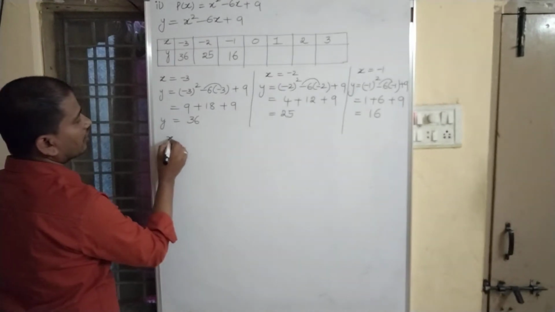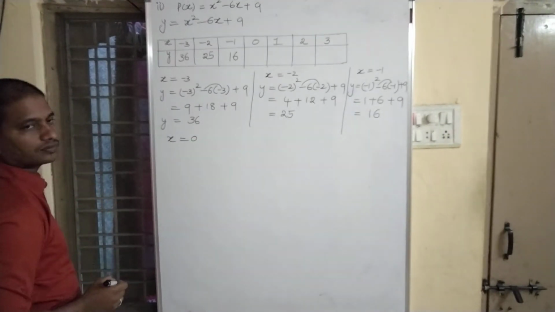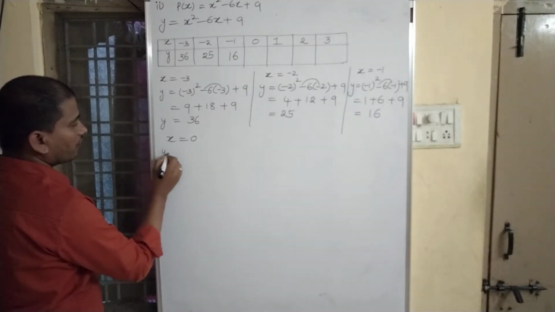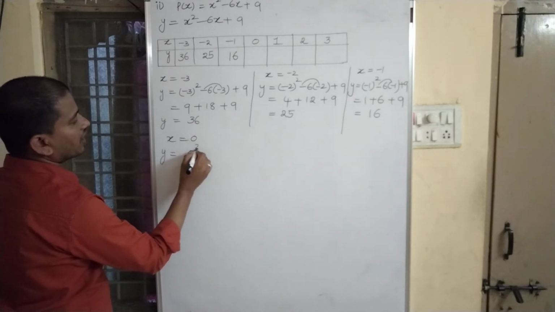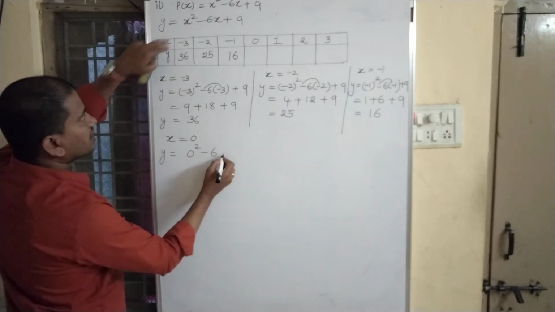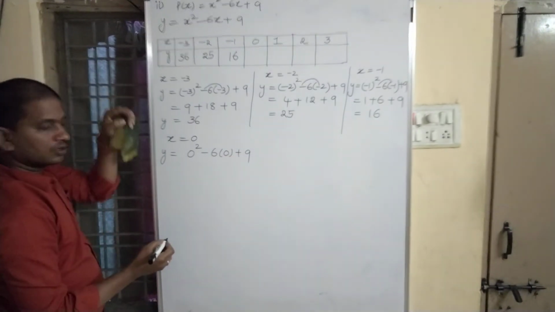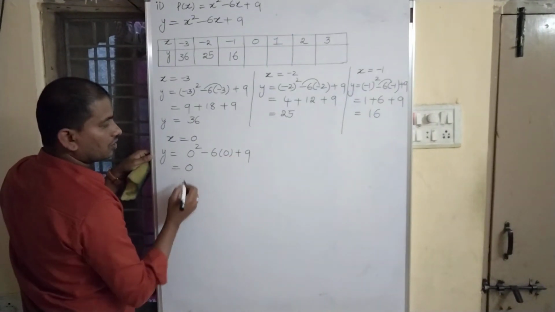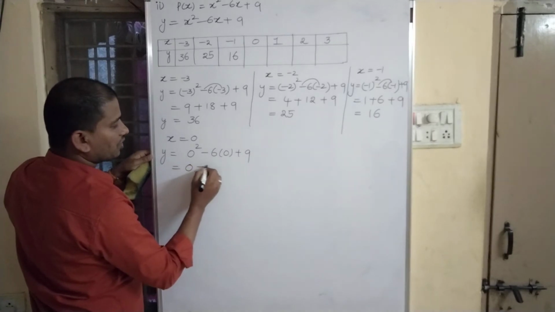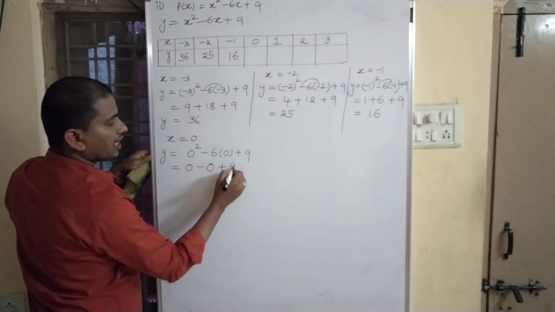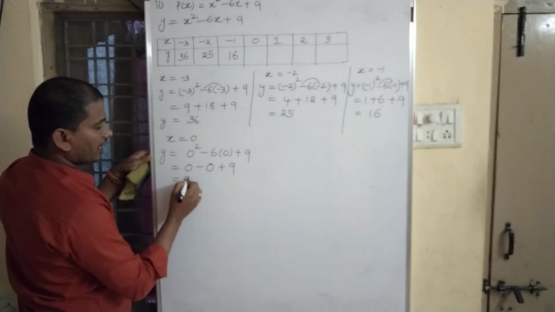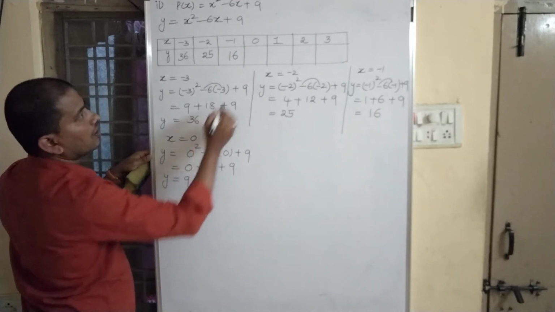Now, let us find when x equal to 0, what is the value of y? 0 square minus 6 into 0 plus 9. 0 square, 0, minus 6 into 0, 0, plus 9. So the y value is 9.